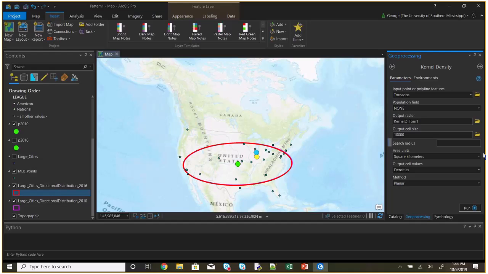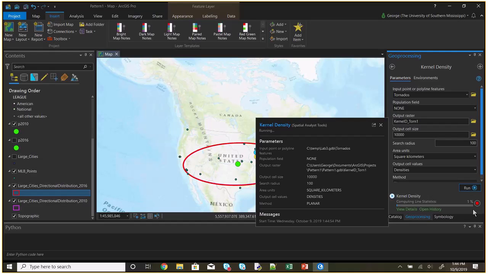So in other words, for each cell, it's going to find out how many tornadoes were within 100 meters, because that's in meters, of that cell. So the area units, yeah, that's fine. Output densities. Run this guy. This might take a little while, but I'll come back to it.